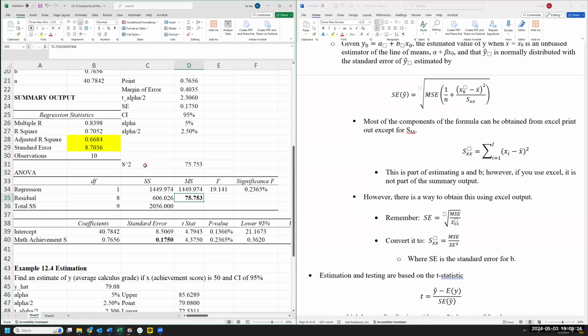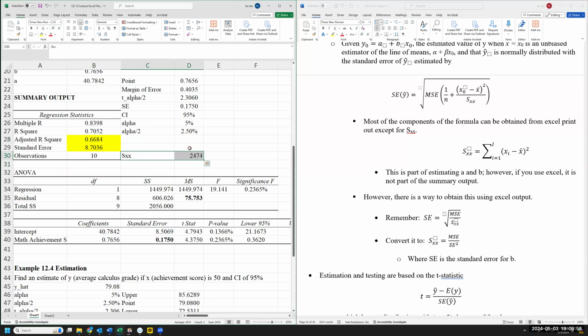Let's do it. SXX is equal to MSE divided by standard error squared. So this one squared. Make sure I don't screw this up. There, 2474.